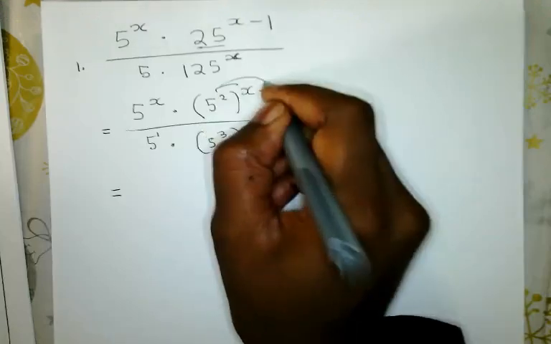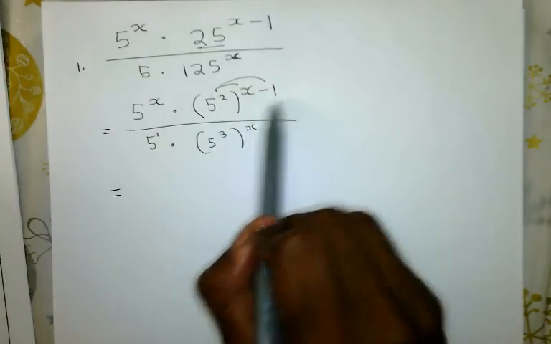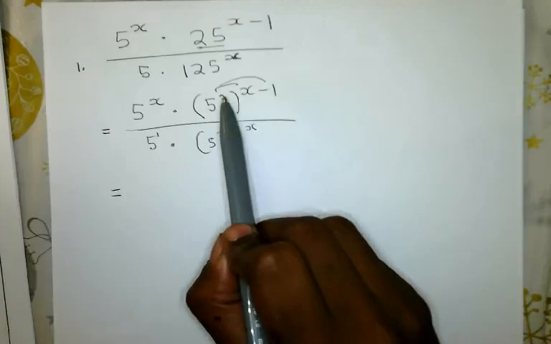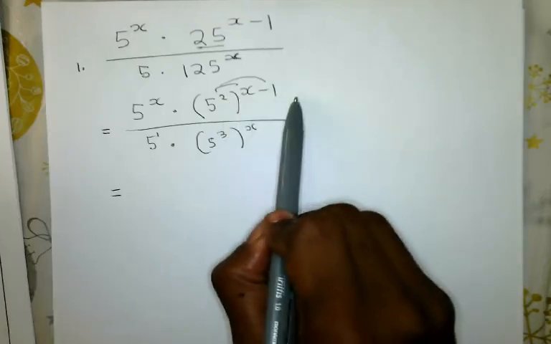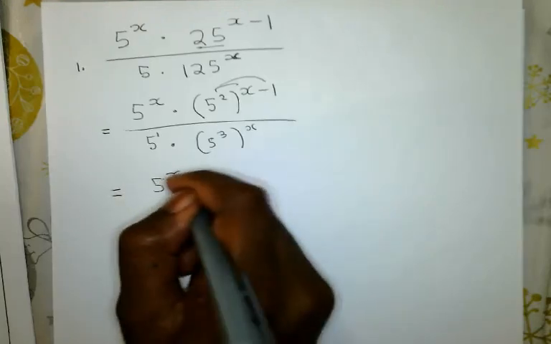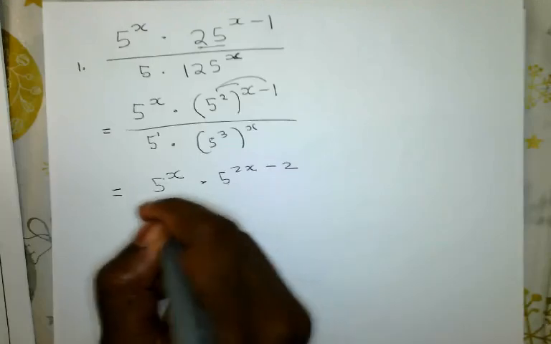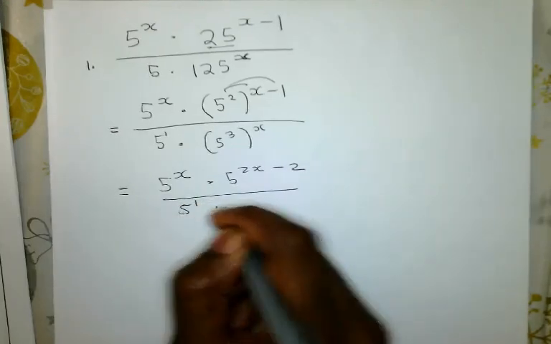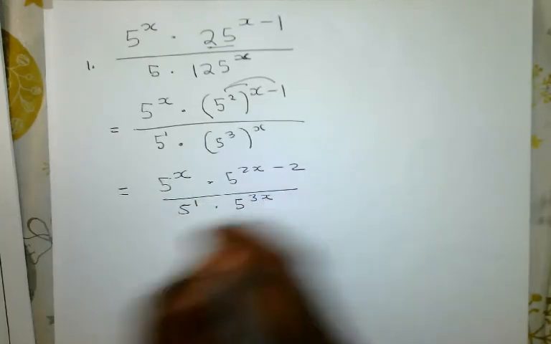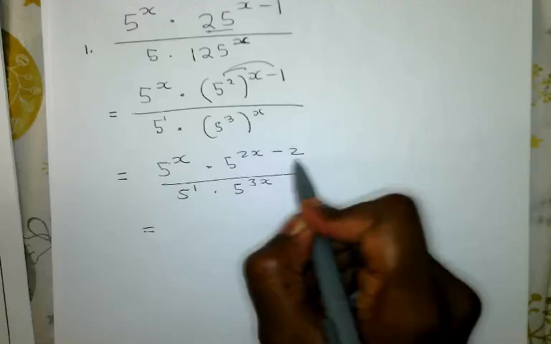We must multiply the 2 with both numbers, not only with the x, such that I'm going to have 2x minus 2 over 5 and 3x. Does it make sense? A lot of people forget to multiply this with that one. You must multiply everything.